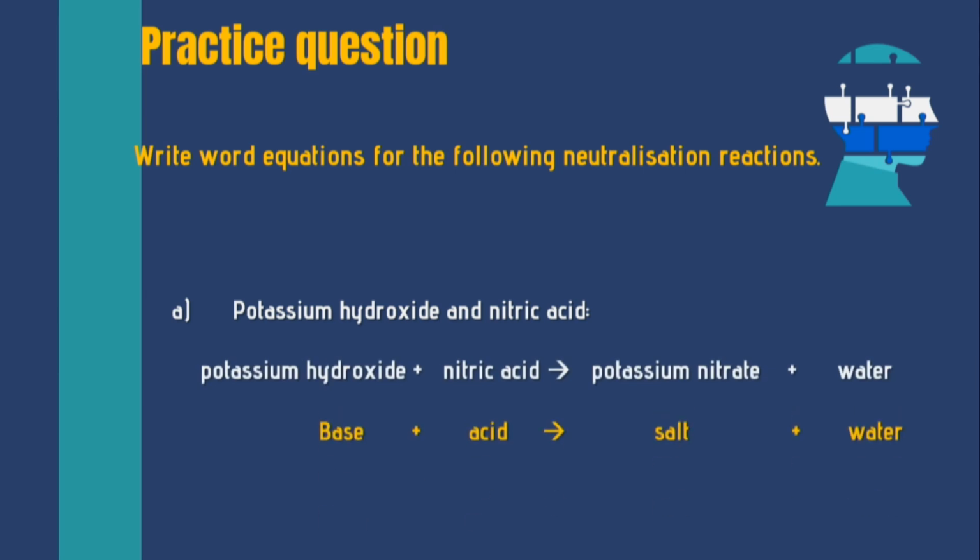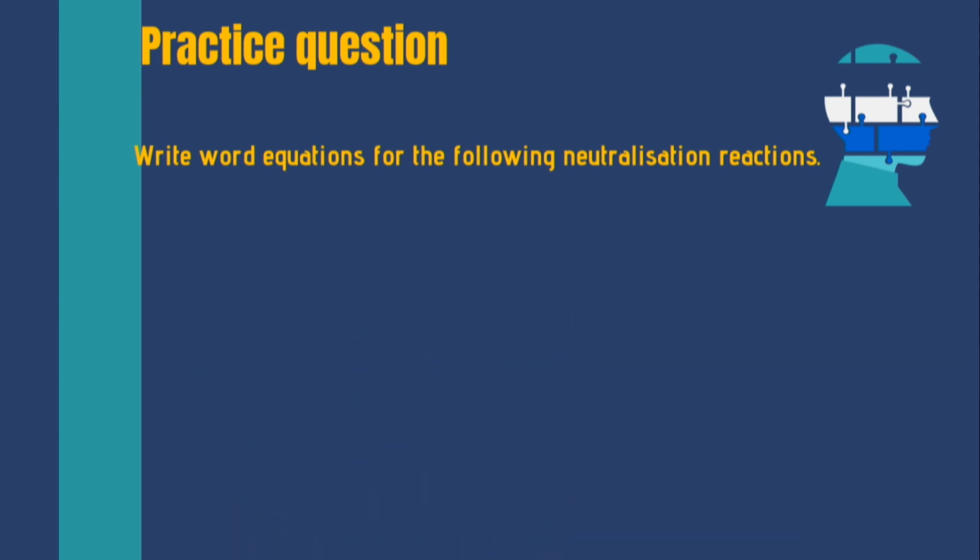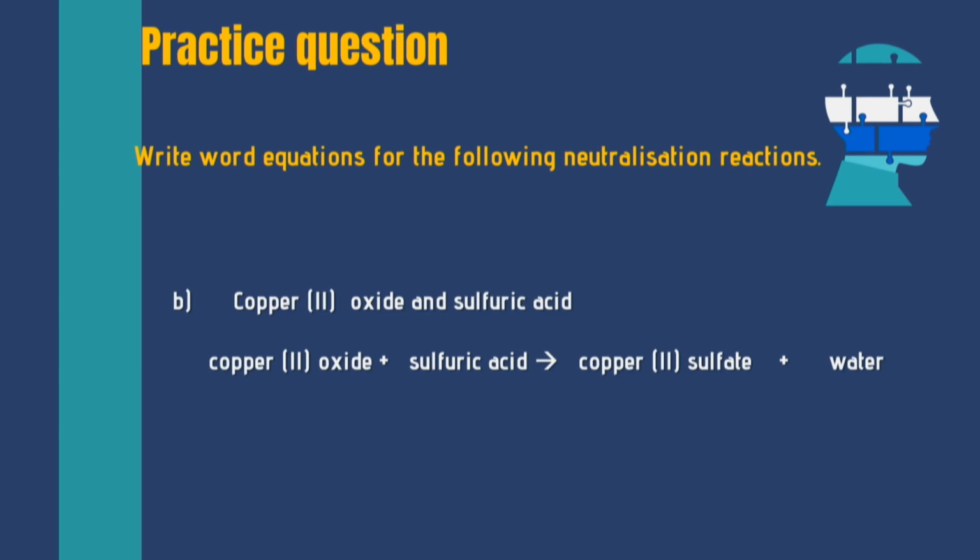It reacts with nitric acid to form potassium nitrate and water. Since copper(II) oxide is a base, it will react with sulfuric acid to produce copper(II) sulfate and water.